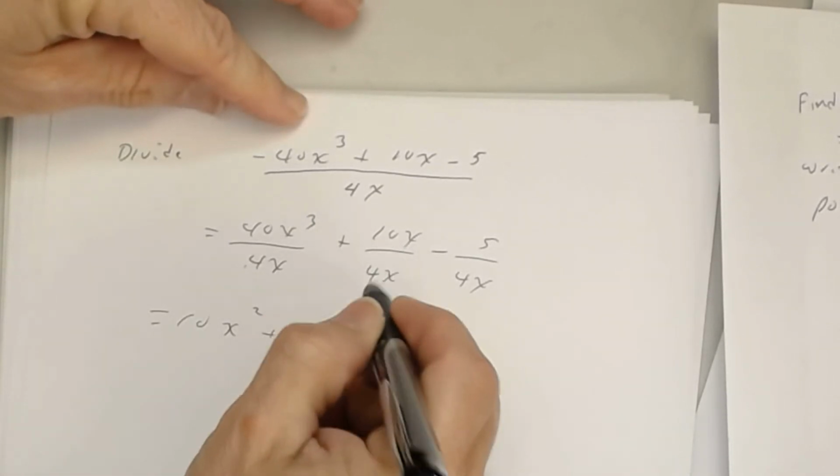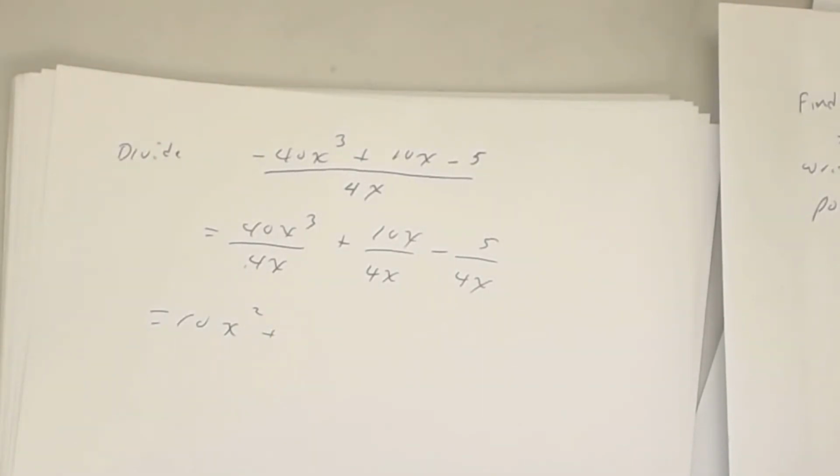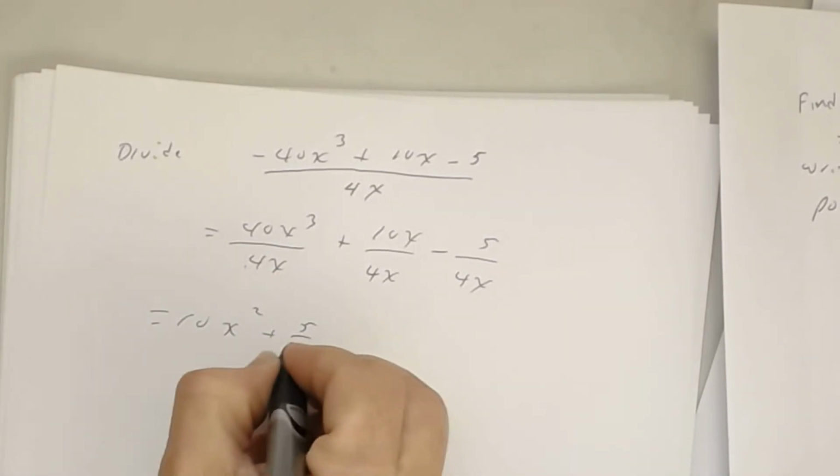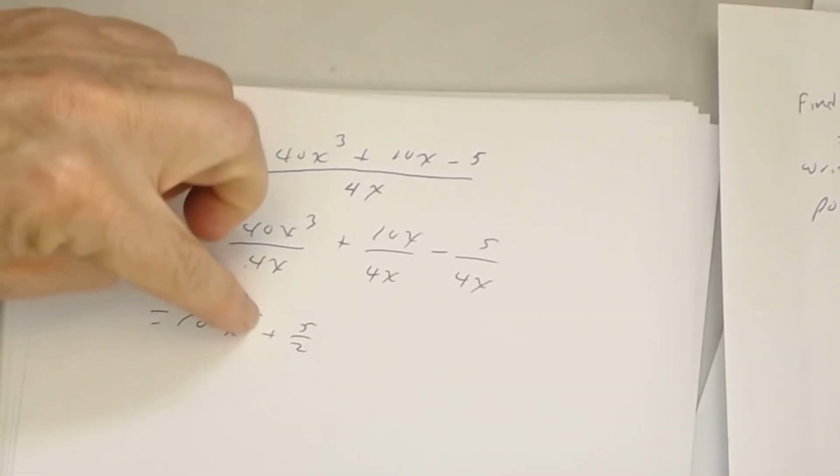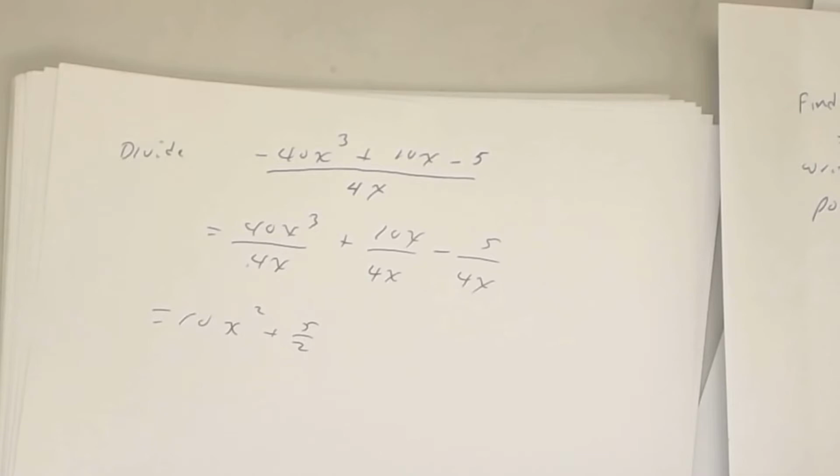Plus, now 10 fourths, you got to reduce. What's 10 fourths reduced? Not 2/5. 5 over 2. But what's x divided by x? Anything divided by itself is what? 1. So that's 5 over 2 times 1, right? Which is just what? 5 over 2.